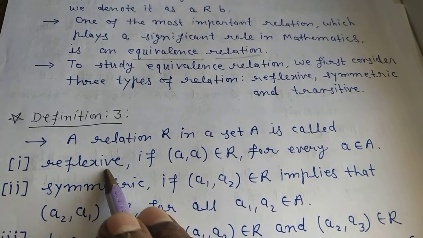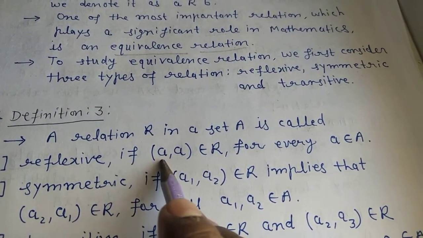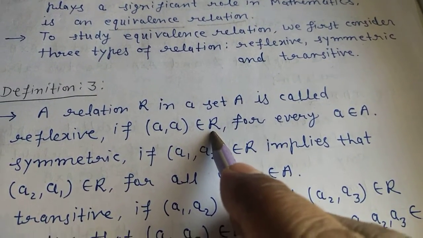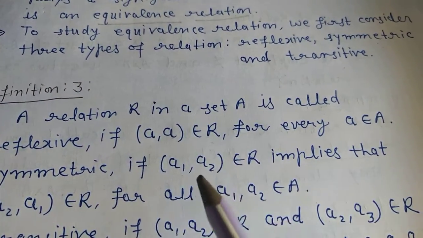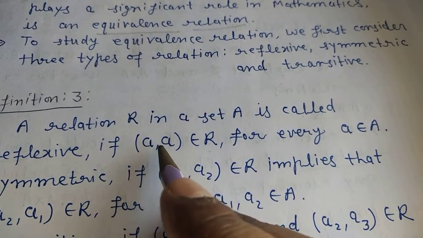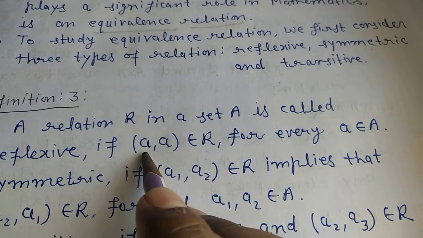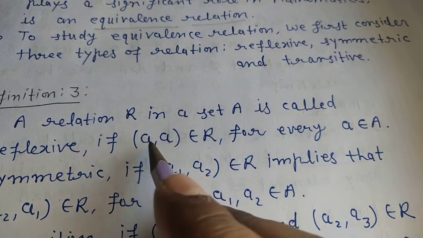We can say a relation is reflexive if (a, a) belongs to R. Like we can take our example in front of a mirror. If we are standing in front of the mirror, our image shows that we are the same in the mirror also.